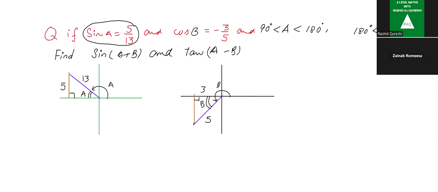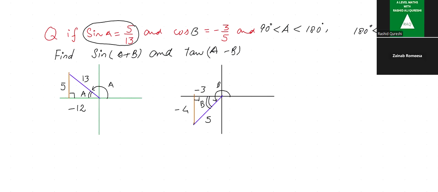Using the Pythagoras theorem, 13 square becomes 169, 5 square becomes 25, the base becomes plus minus 12. Remember that in the second quadrant the base is along the negative x-axis, that means minus 12. For the other triangle, by the Pythagoras theorem, it becomes 4, and this perpendicular is along the negative y-axis, so it becomes minus 4.